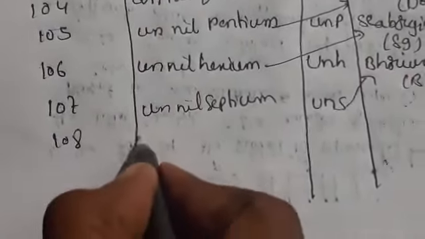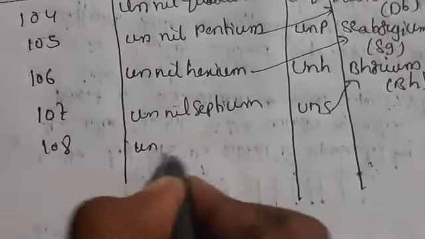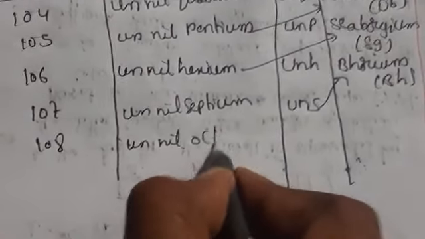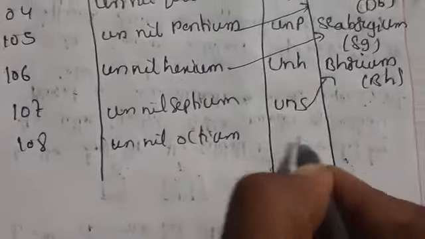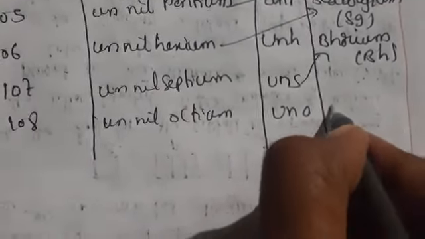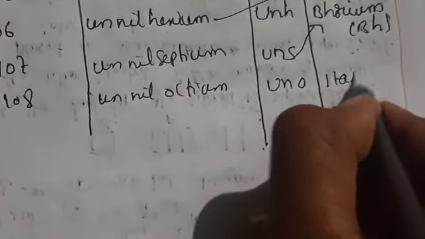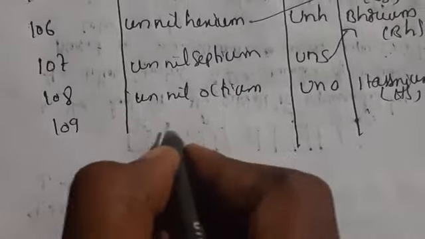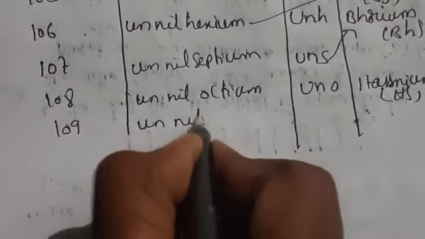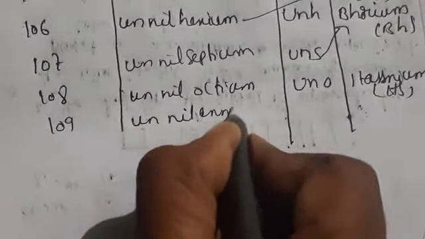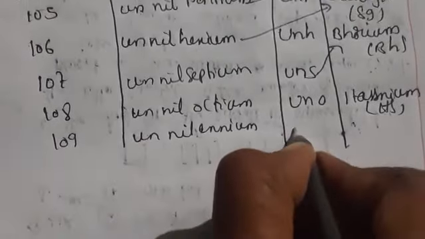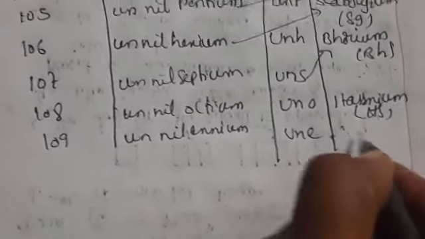If you take 108, you get unniloctium, with the abbreviation UNO. The common name is hassium, Hs. Coming to 109, you have unnilennium, abbreviated UNE.